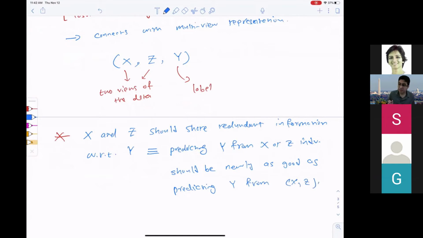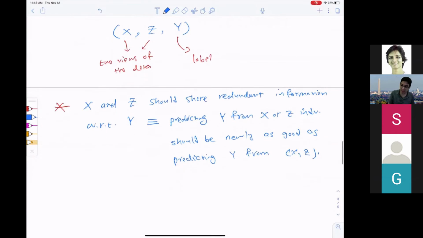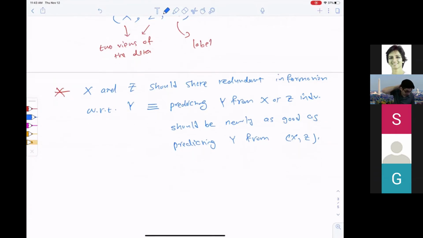So remember, we are not assuming we have labels in training the self-supervised model, right? So that's not the assumption. The assumption here is that the two views have a lot of correlated information with respect to Y. So even if I have both of them, and if I had labels, I don't have labels during my training, but if I had labels, using both of them wouldn't really help compared to the case that I have only one of them. So that's the key assumption for this work. And I think that's a more realistic assumption.